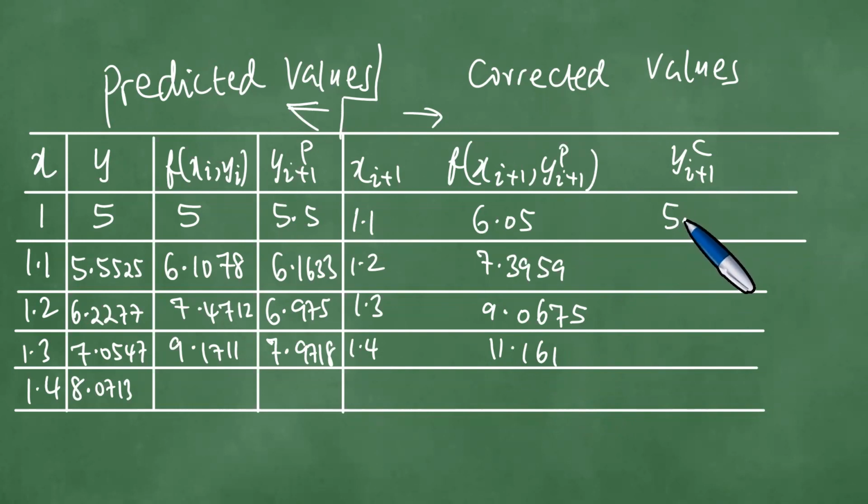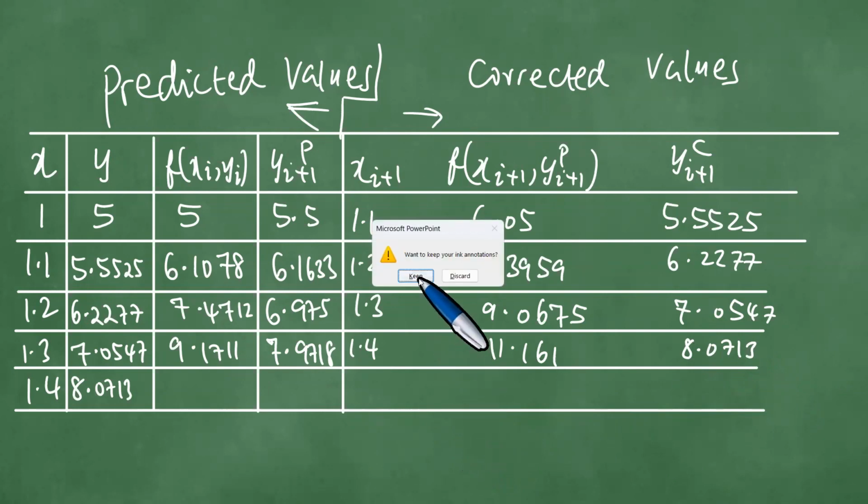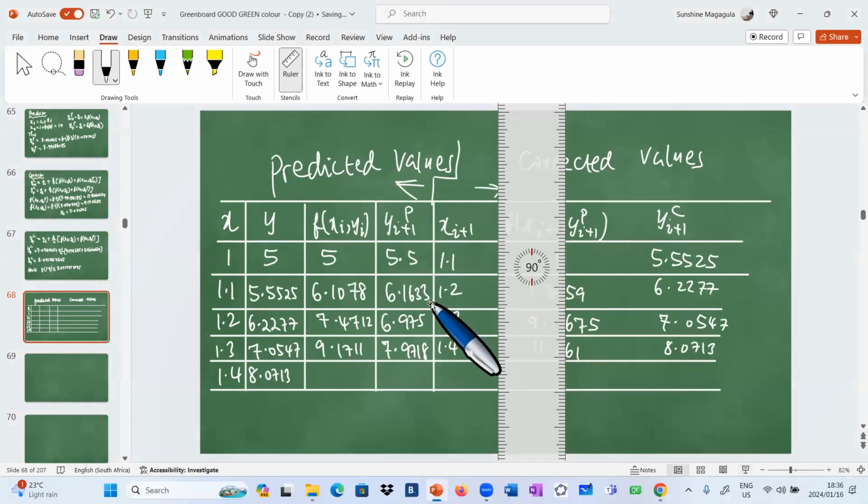And 5.5525, 6.2277, 7.05547. This one is 8.0713. Okay, so these are sort of the corrected values and the predicted values. Right.